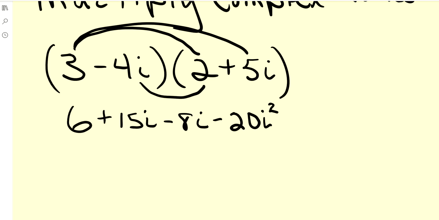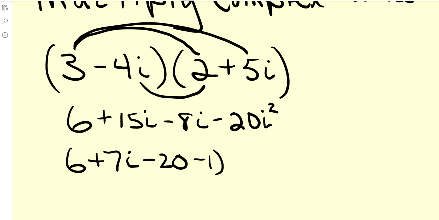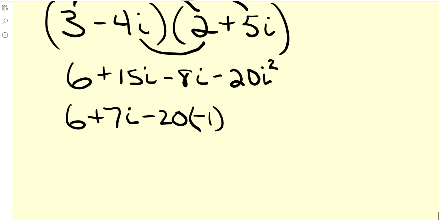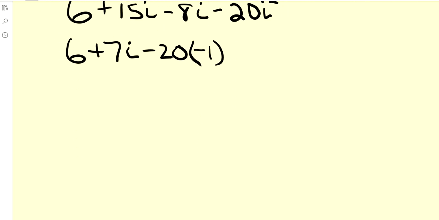So I'm going to rewrite this. So I've got 6, 15i minus 8i is positive 7i. And now that's going to be minus 20, but i squared is -1. This is the breakdown of it.